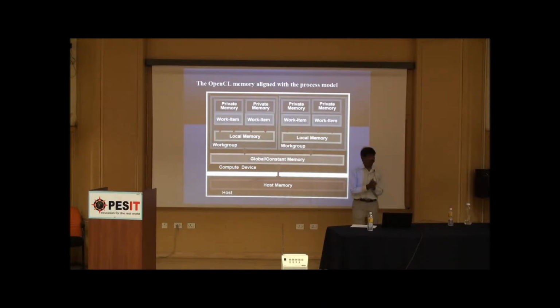Now you have to visualize something. You have a compute device. Cut it open, you get compute units. Again cut open, you get processing elements. Processing elements are more in number, compute units are fewer, and compute devices are fewer still. Don't you think that has become a hierarchy, like a tree hierarchy?